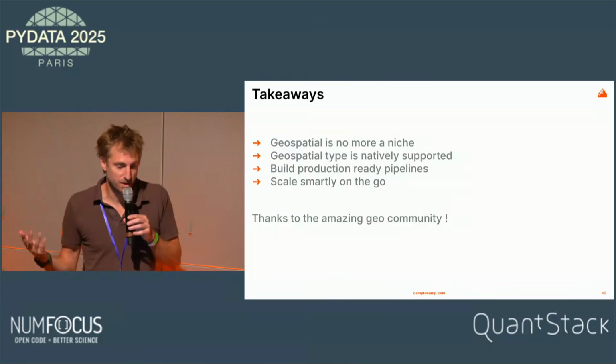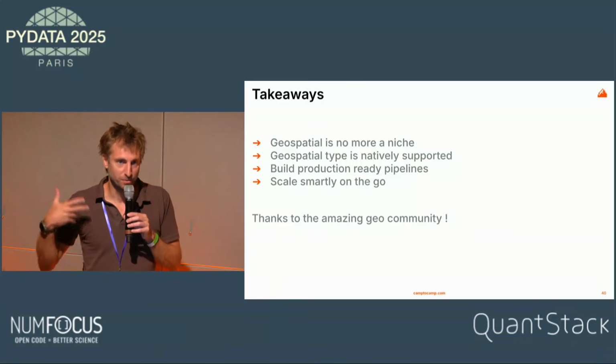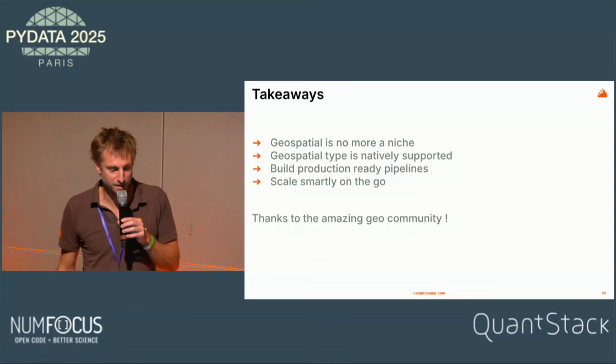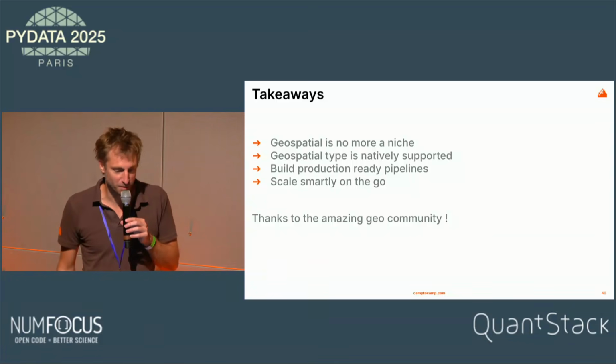So it's great. If you want to build a pipeline, you really think of how to scale it. Go small and then grow and scale if you really need it. Don't install Sedona for a small operation.